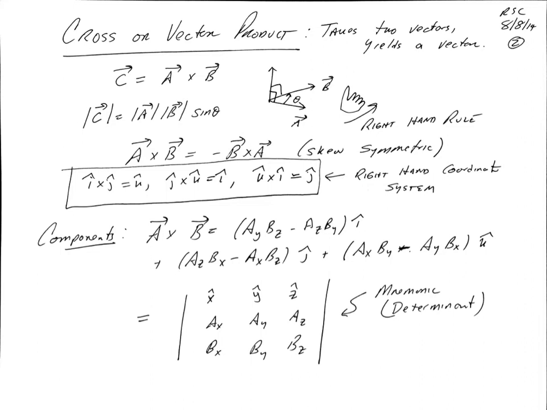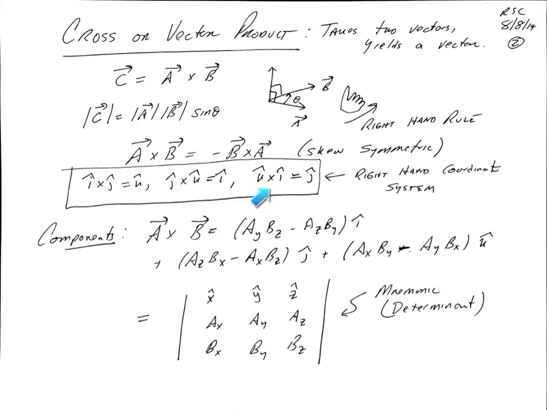This actually defines what we mean by a right-handed coordinate system. If x is in this direction, y is in this direction, positive z is in that direction.